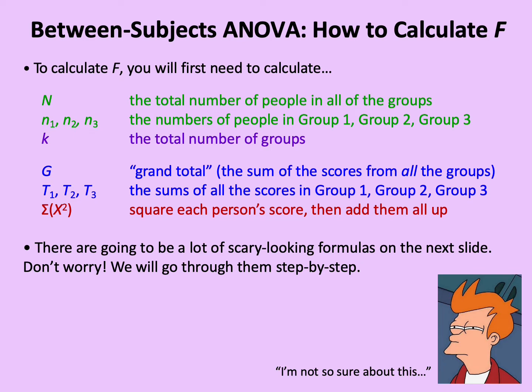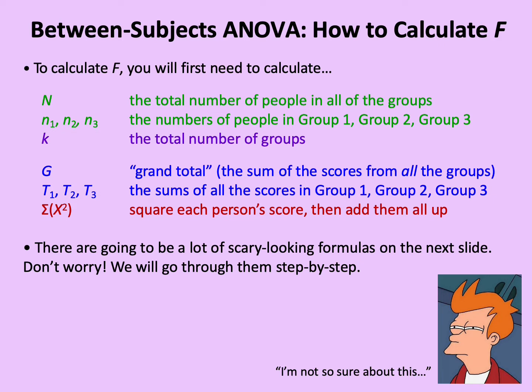A capital N is capitalized to denote total, so it's basically notating how many people total you have in all of your groups. Remember, with the between subjects ANOVA, we're comparing different groups of people.